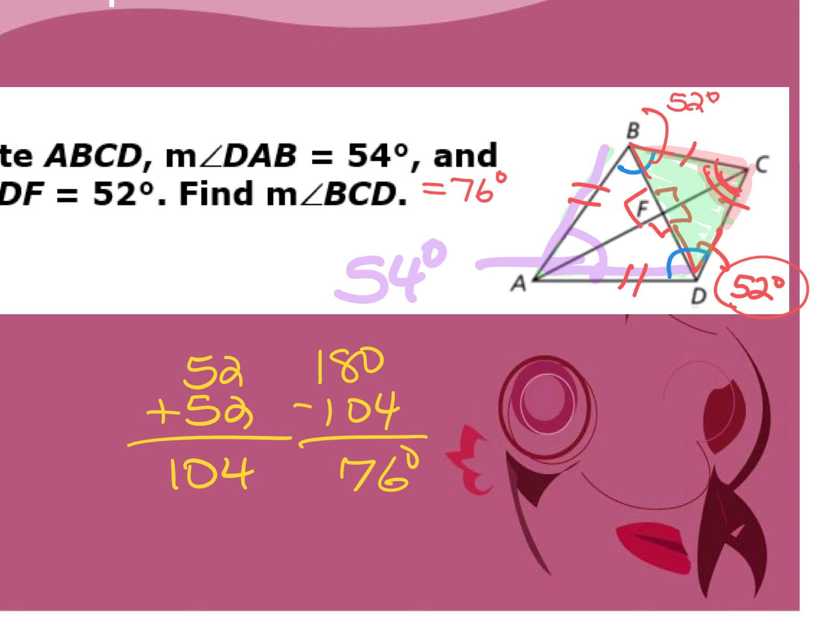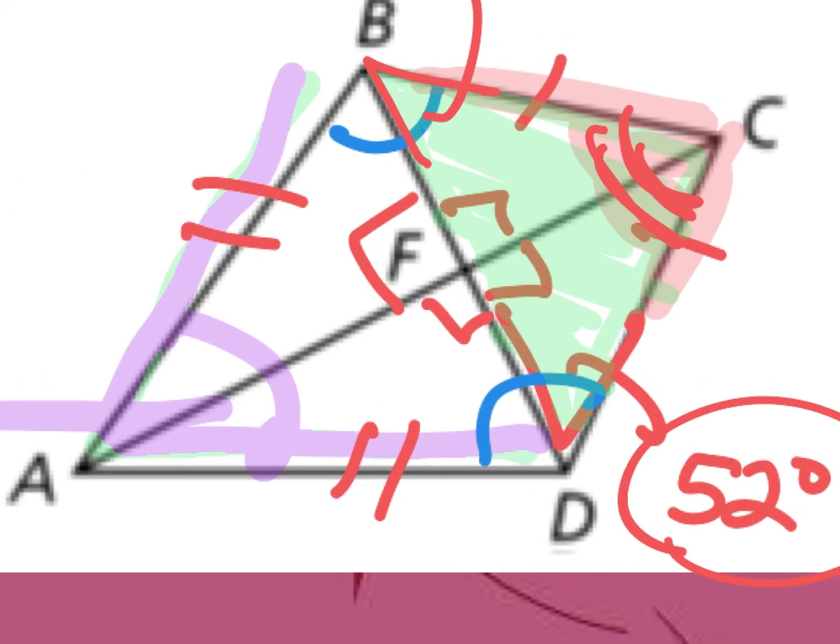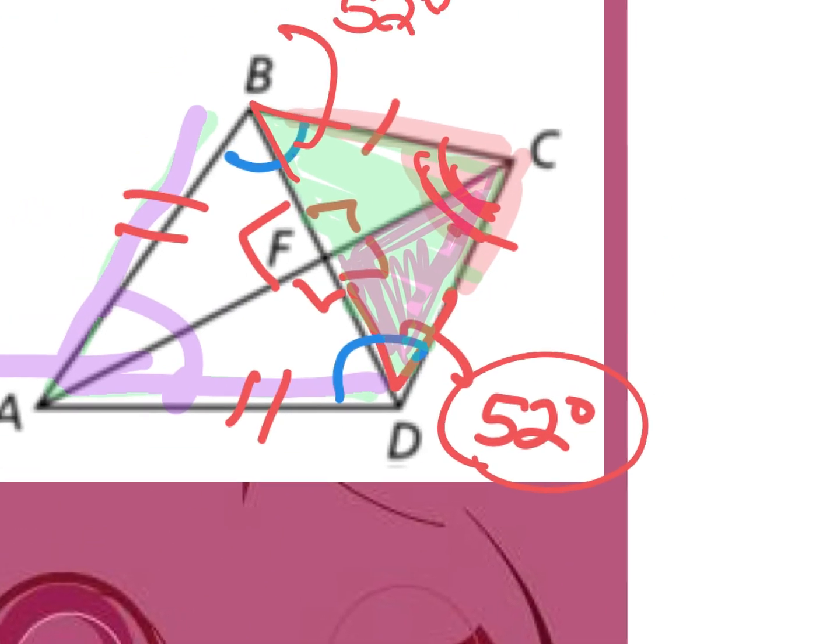There's another way. I could work with a single little triangle here. So let me get another color here. If I zoom into the picture, notice I've got a small right triangle right here. Let me go ahead and pull that out. If I redraw that, I knew that this angle right here was 52. This is a right angle, and I don't know this one.